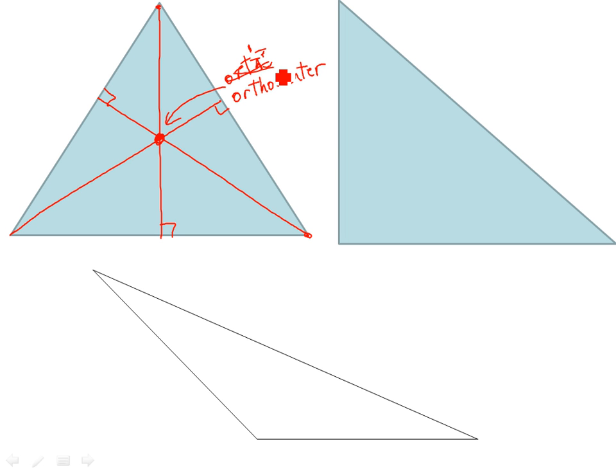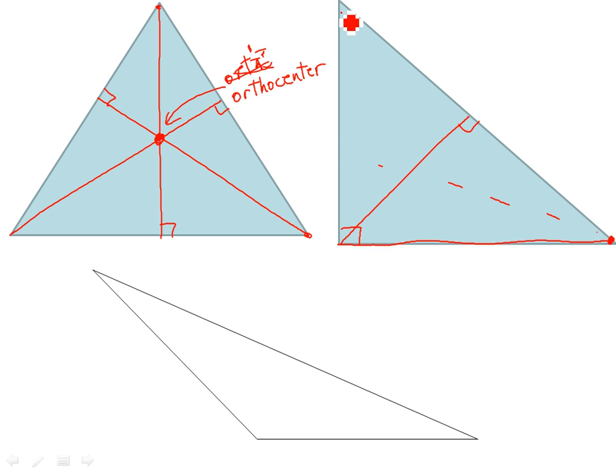Now on this right triangle, if I do it, goes over here, that looks like that's about a right angle. Now if I go from this vertex to the opposite side, well, wherever I draw it in here, it's not going to form a right angle. Where it's going to form a right angle is right along this side.